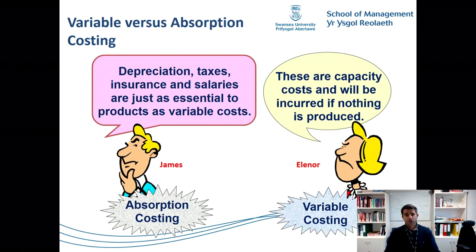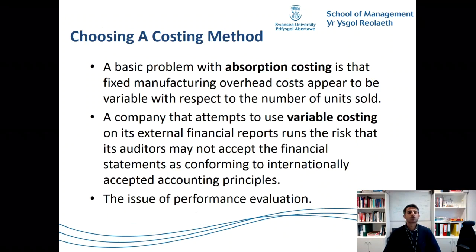So the argument is, why do we include rent or salary in the product cost per unit, although I already paid them? I already paid the salary and the rent. If I already paid them, why should I include them in the product cost per unit? That's the argument between variable costing and absorption costing.